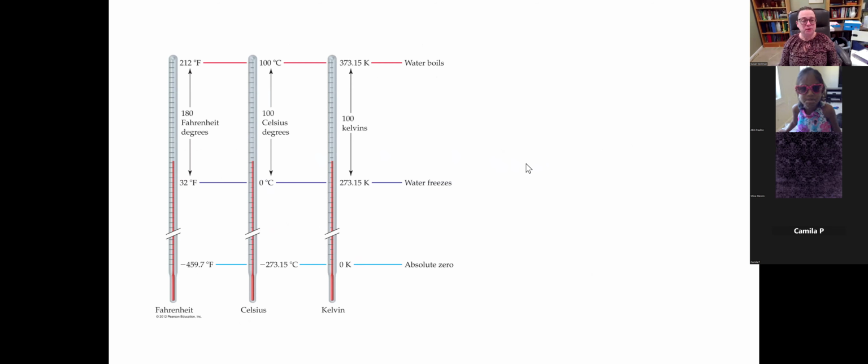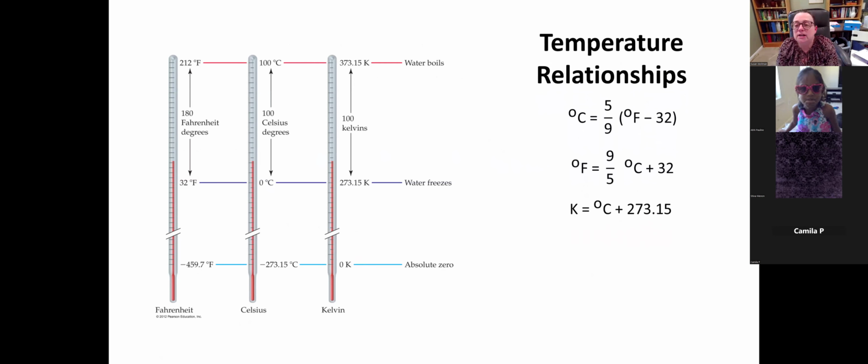So we are one of the few places that still uses Fahrenheit as a nonsensical unit there. But there are relationships for all of these temperatures, ways to convert from one to another. So we can communicate with other medical professionals or scientists in other parts of the world that are not using this silly Fahrenheit unit. We have all these equations that relate these different scales there.